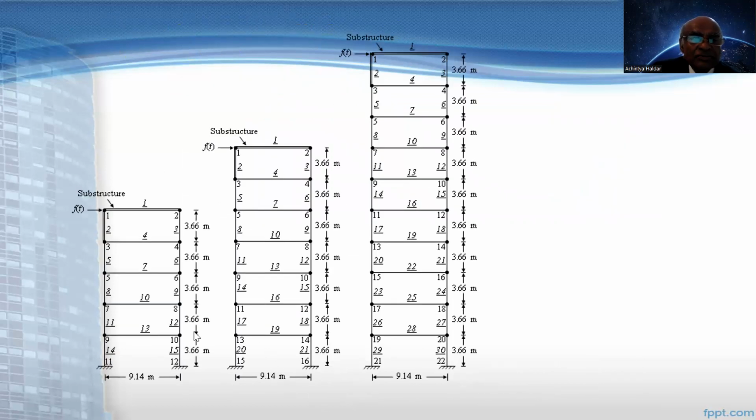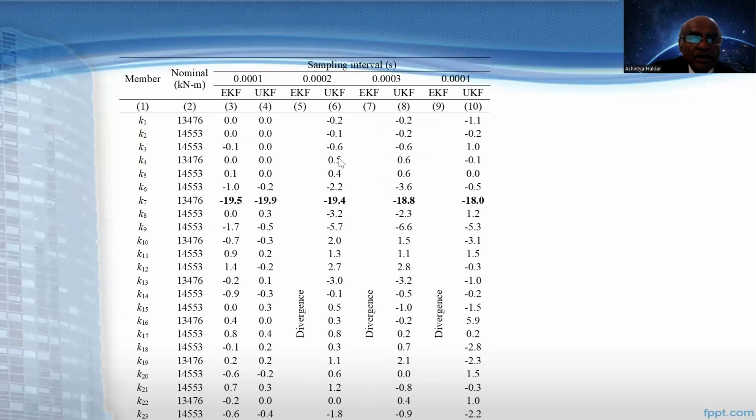To verify this particular concept, we took many different structures. I'm going to only talk about this tall structure. We identify only responses measured at the substructure level. You'll find that if my sampling interval is 0.0001 second, both EKF and unscented Kalman filter converge.